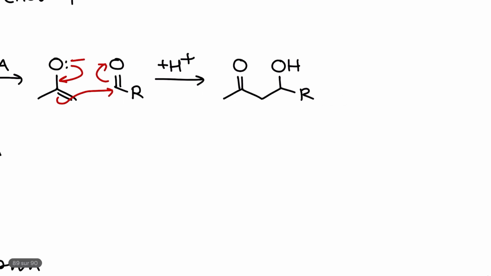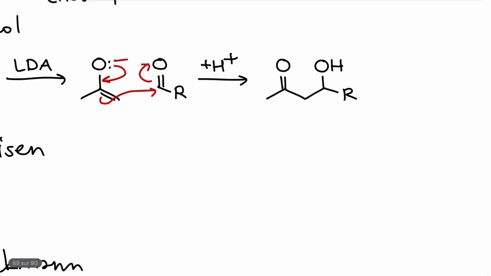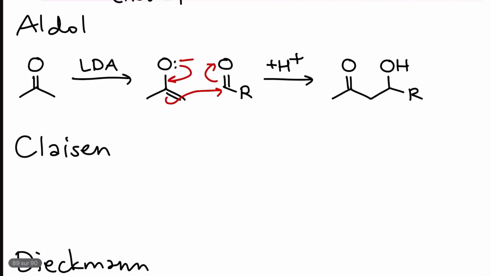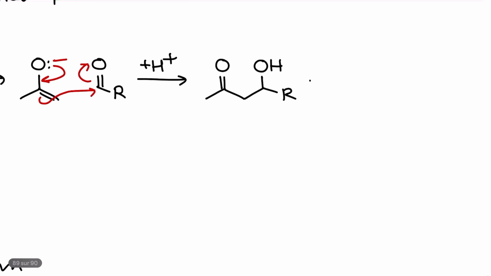Now what we can do further is that we can maybe give it even more base, which is not really explicitly written, but maybe it will be written as heat. We can give it some heat to let the base grab this proton once again.